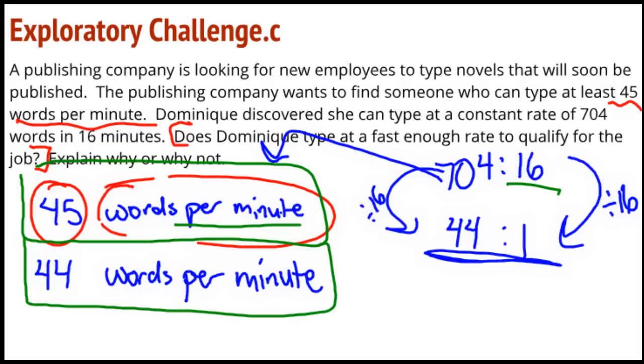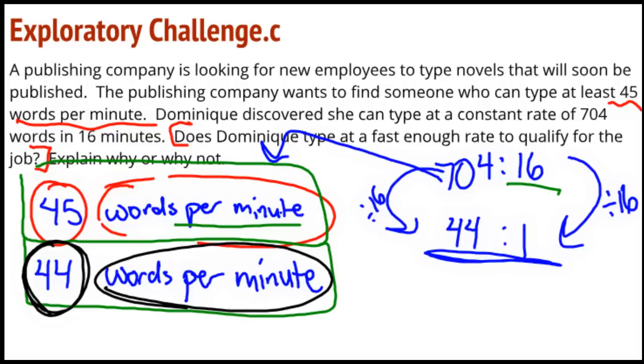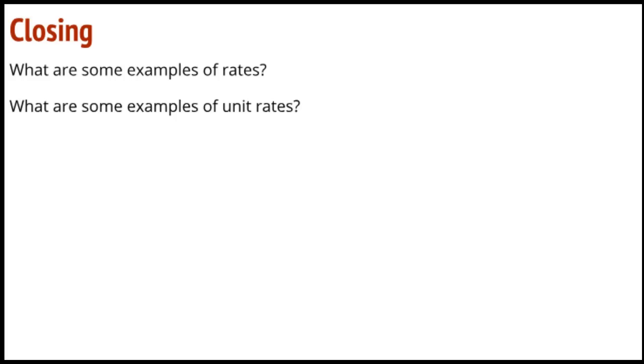Once again, I want to point out that we have the unit rate, that value, we have the rate unit, which is the words, our label, tells us what the number means, and all together, we have a rate. All right, so some things to think about. What are some examples of rates? Rates are one of those things that are around us all the time.